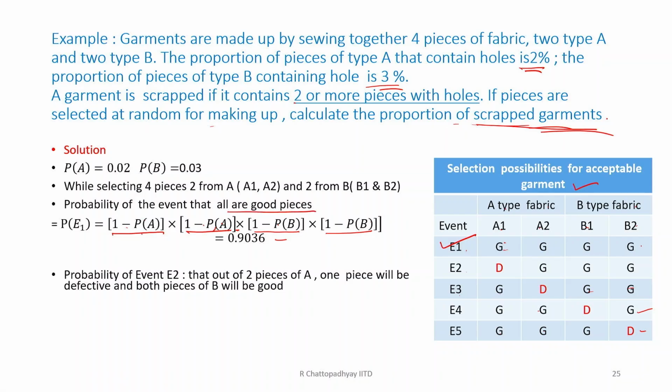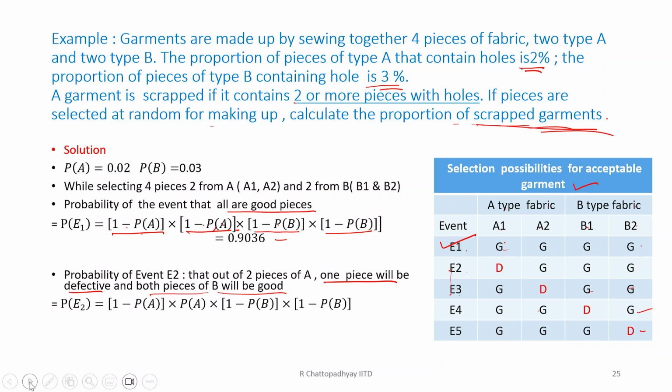Now comes probability of event 2. That out of 2 pieces of A, 1 piece will be defective and both pieces of B will be good. That means E2 and E3. So what is this thing?